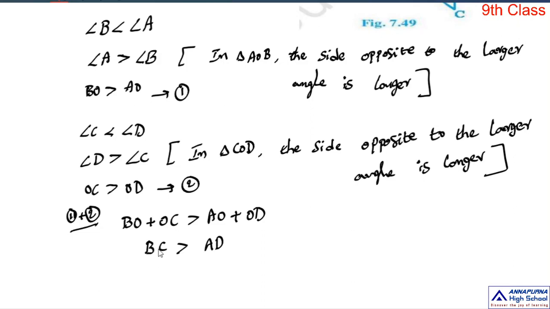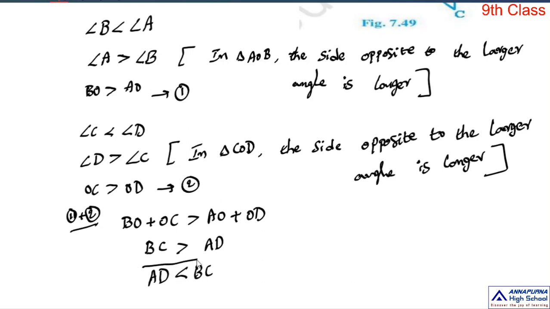So BC is the largest line segment and AD is the smallest. So AD is less than BC.